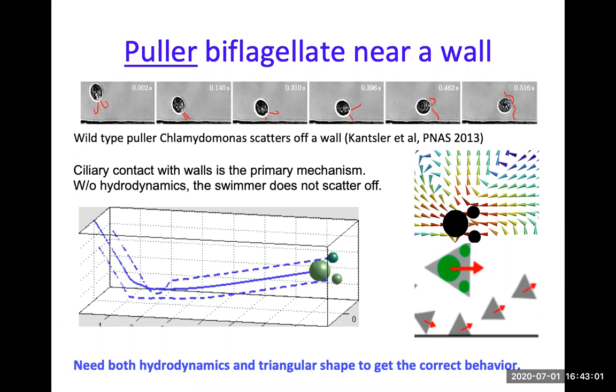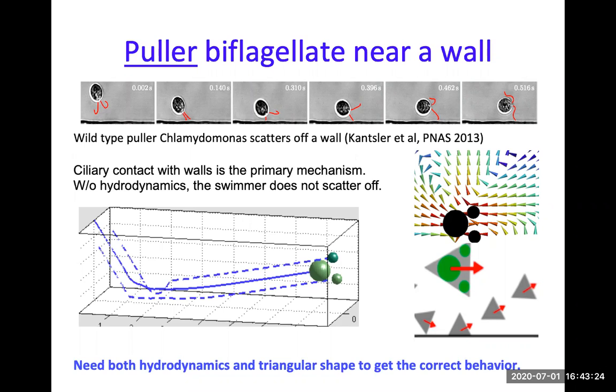So pullers scatter away from the walls. And you will notice that the outgoing angle is very different from the incoming angle, right? So it's not straightforward. This is what you see in experiments. So chlamydomonas scatters off a wall by using its flagella. It kind of touches the wall and then scatters away in this manner.